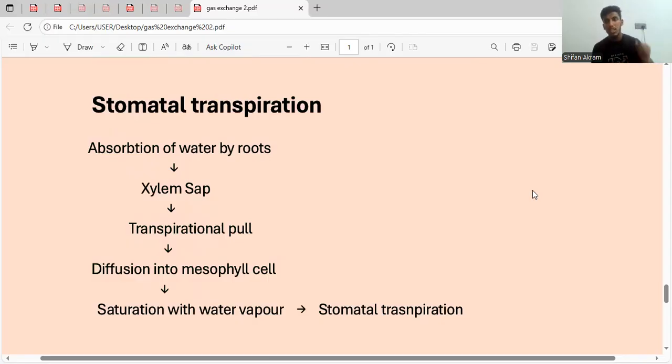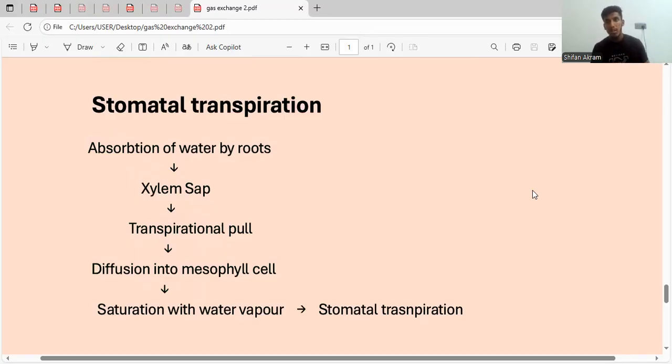Because of this, it causes a steep concentration gradient. When there's a steep concentration gradient of water vapor, it allows water to move outside through the stomata, because the outside air has a much lower water potential and much lower humidity. Because of this, water moves out through the stomata.